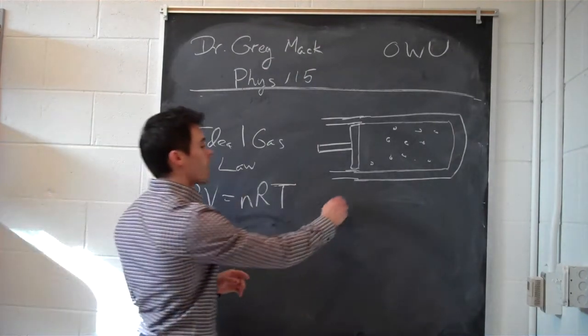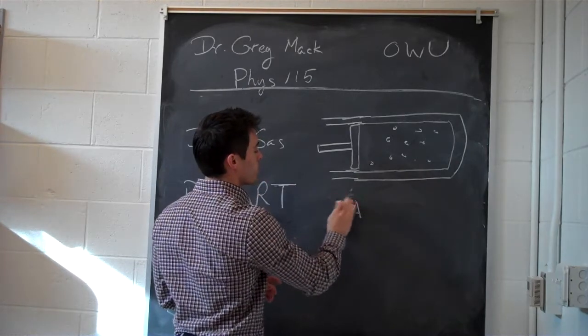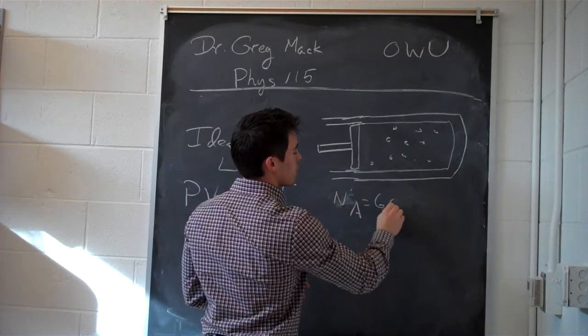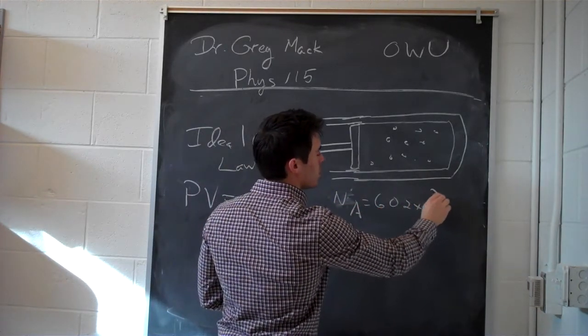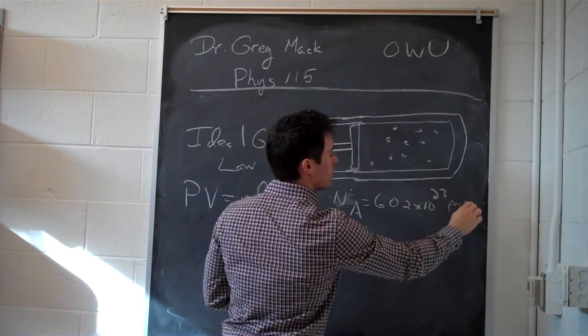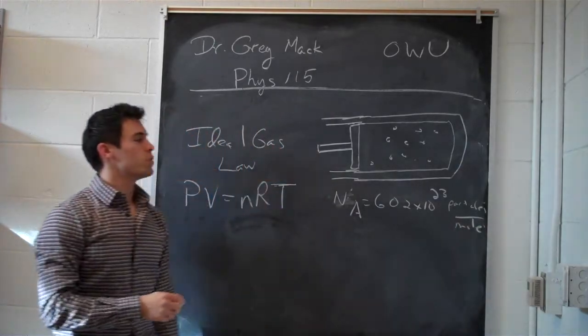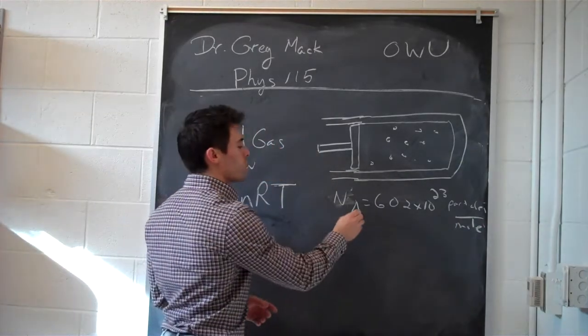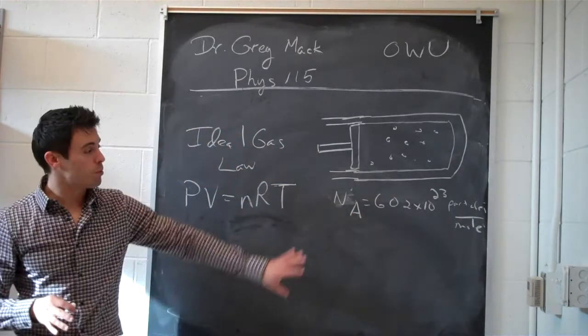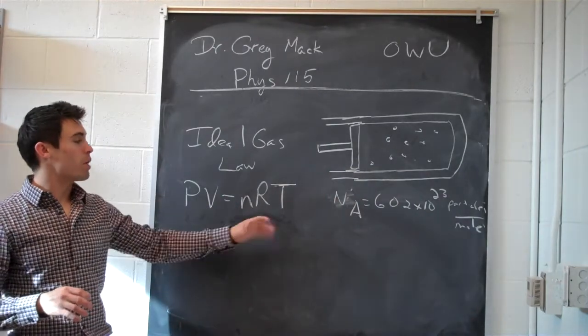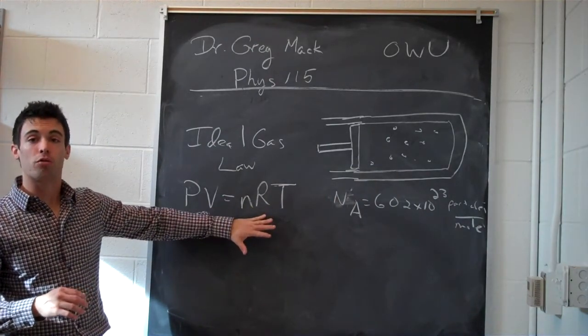So Avogadro's number tells us that there are 6.02 times 10 to the 23rd particles per mole. So we have to think about that with regard to how to think about this situation with the number of moles.